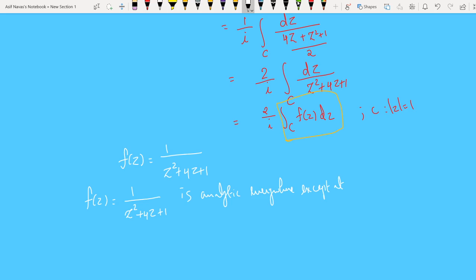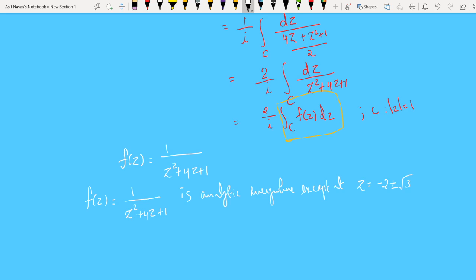What are the roots? This is a quadratic equation. The roots are z equal to minus 2 plus or minus root 3.